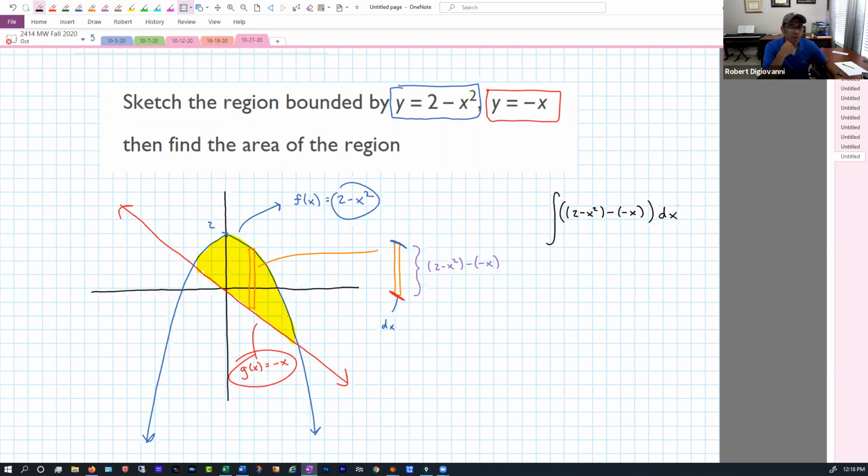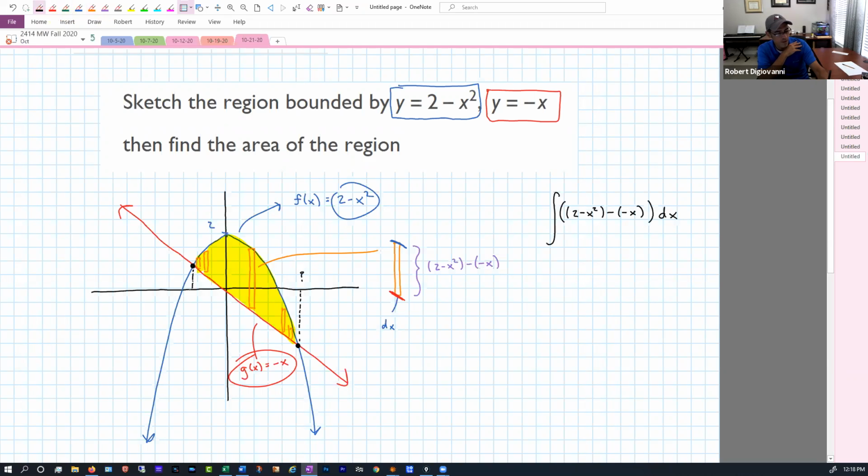So where am I going to start my rectangles and where am I going to end them? The first point of intersection and the second point of intersection. Correct. So we imagine that we've got rectangles that go all the way over here. We got rectangles that go all the way over here. So each of those rectangles, they're going to start wherever these two curves intersect, and it's going to end where those two curves intersect.